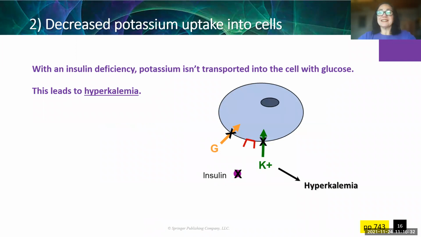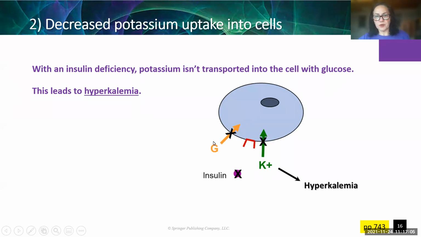Now we are on to the second consequence of having low insulin, and this one we don't talk about as much. There's decreased potassium uptake into the cells. Everybody knows that glucose is brought into the cells with insulin. What is less well known is that insulin allows the cells to take up potassium. So let's walk through this again. There's no insulin, so the receptor for the insulin is not being stimulated.